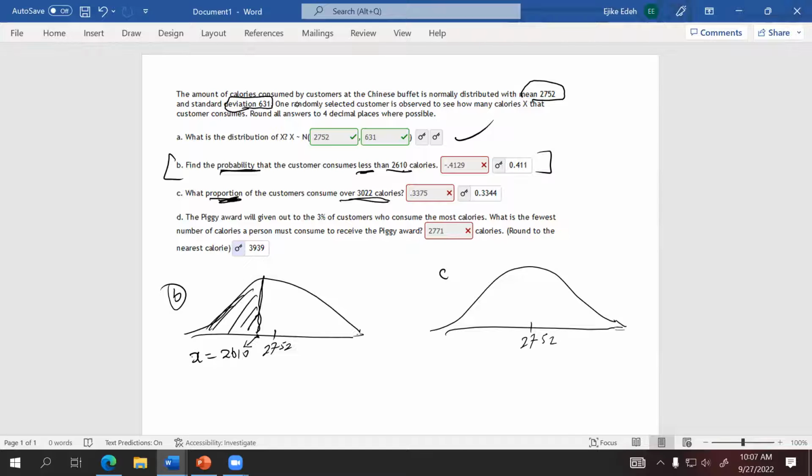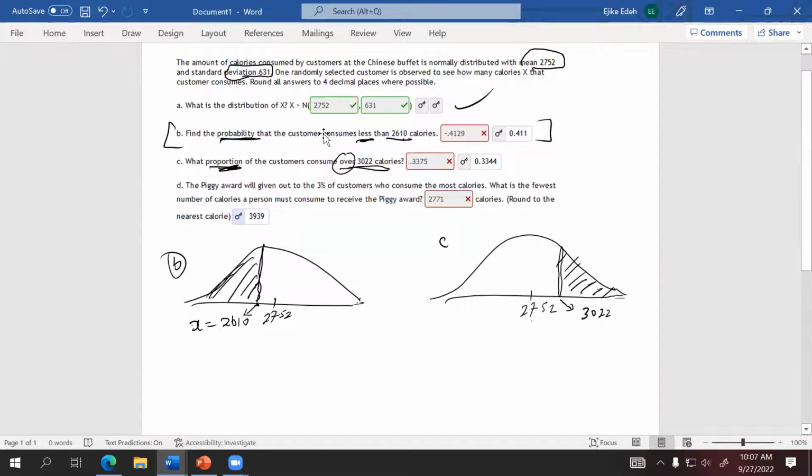You see 3022 is bigger than the mean, so we draw our line somewhere around here. But this question says over, so we should be shading on the right hand side, above. The number here is 3022.